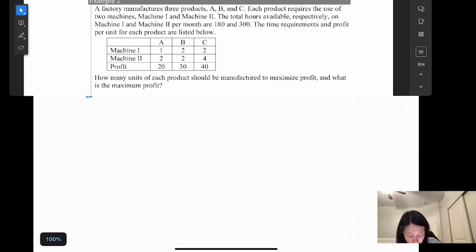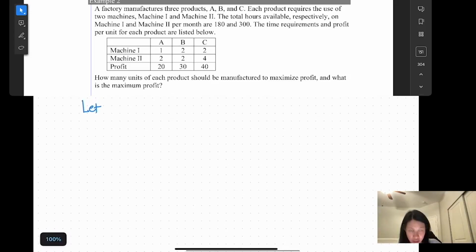So to solve that, let's produce a number of product A. Let's just use A, that's easier.